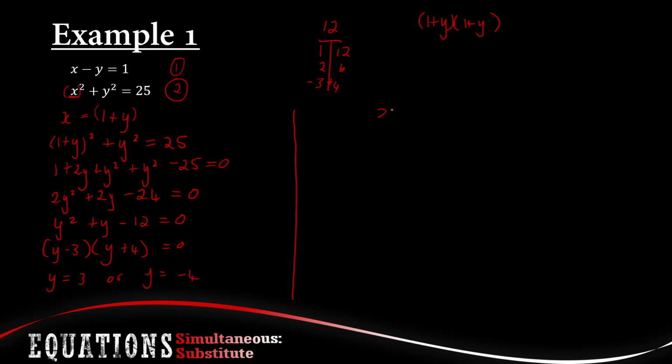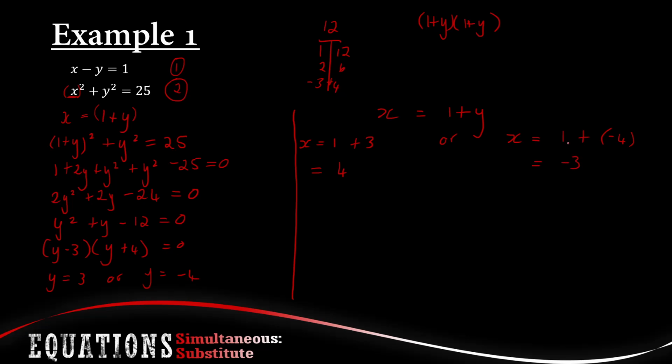So we know that x is equal to 1 plus y. So to find the two x values, we just substitute the value for y in this expression. x is equal to 1 plus 3, so that is going to be 4. Or x is equal to 1 plus negative 4, which is 1 minus 4, which is negative 3.